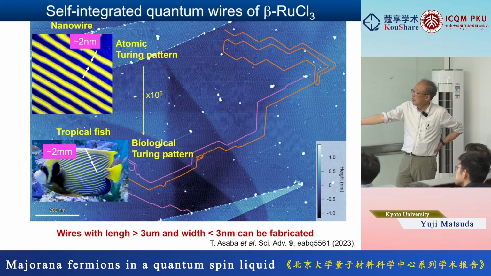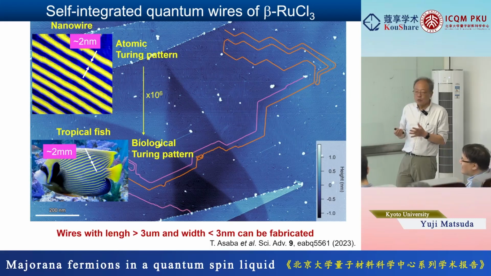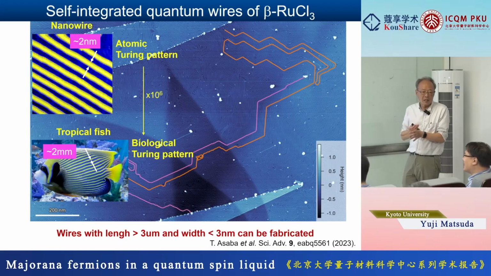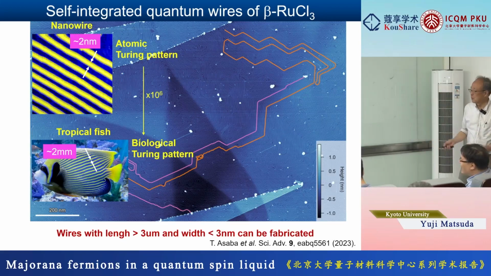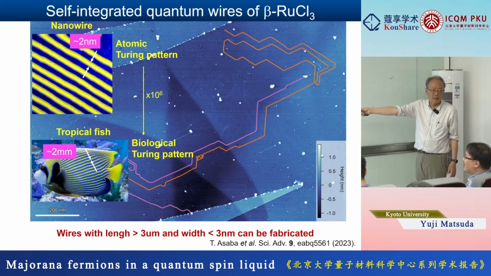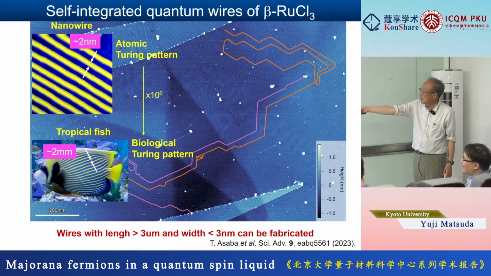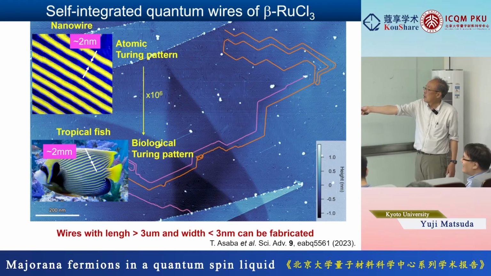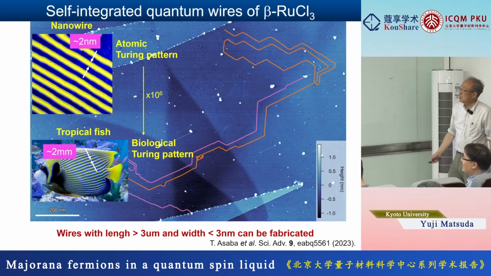So we believe the formation of this atomic wire is due to some non-equilibrium reaction-diffusion process. We can show it by equations, but we call this an atomic Turing pattern. The size is more than 1 million times smaller. So this is the first experimental evidence of the atomic Turing pattern.